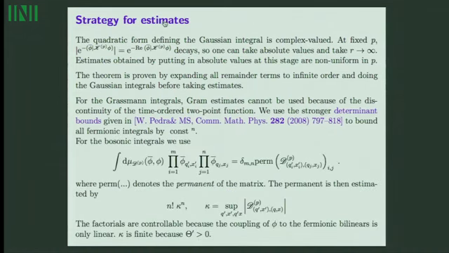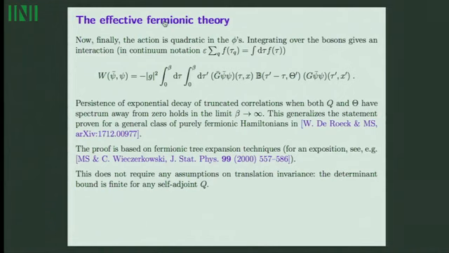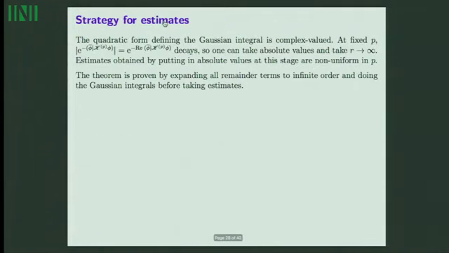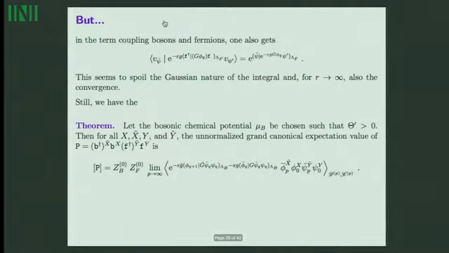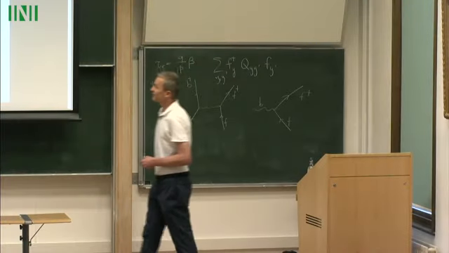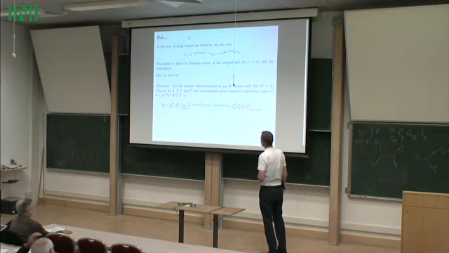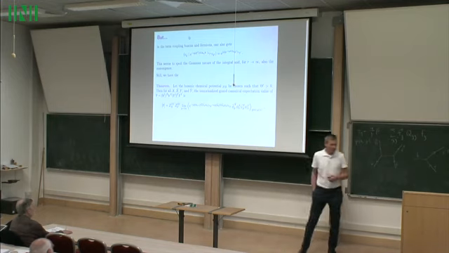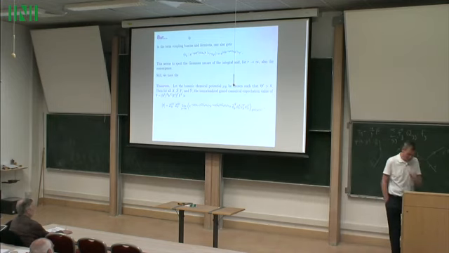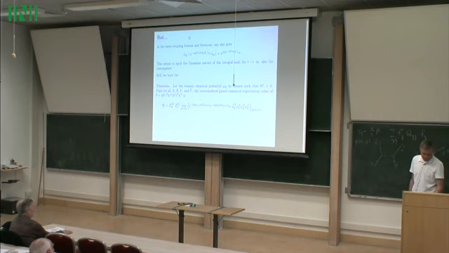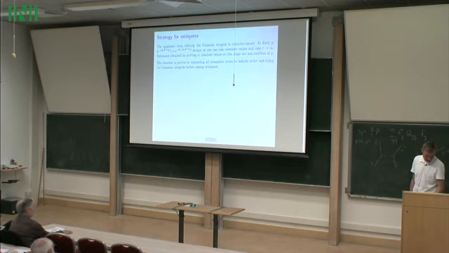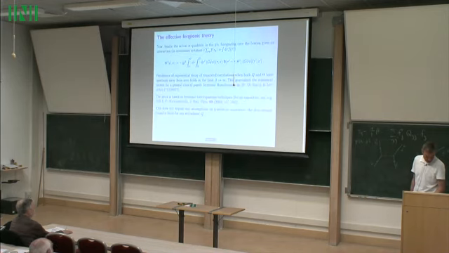Okay, so in the end, what one has, and that was also what is expected, is the fact that you can map this theory, which is quadratic in the operators, also to an integral which has an exponent which is at most quadratic in the bosonic fields. And now we can go and do this.